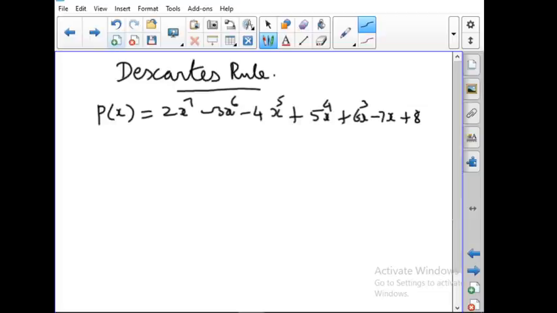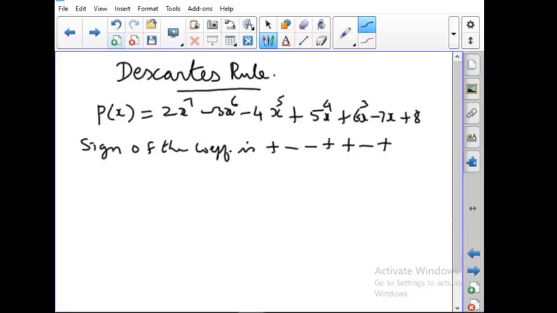Then here we have to consider only the sign of the coefficients. So what about the sign of the coefficients? So sign of the coefficient is plus, minus, minus, plus, plus, minus and plus. So here what about number of sign changes?